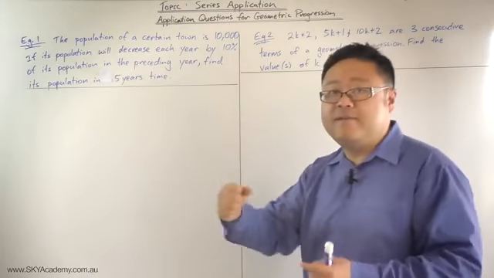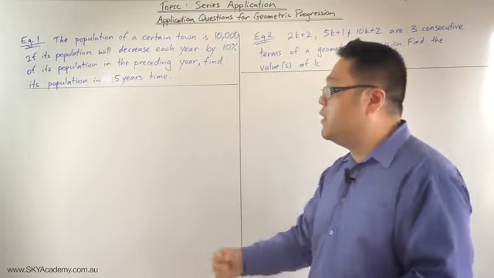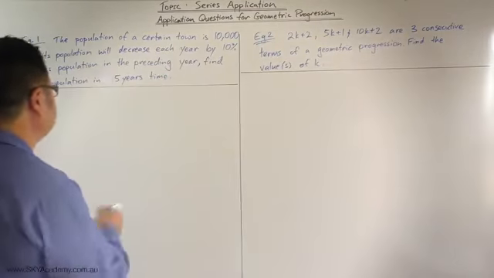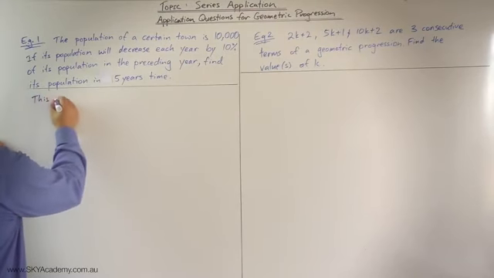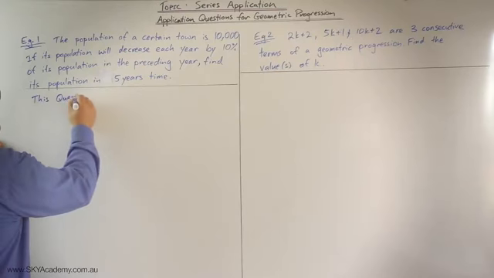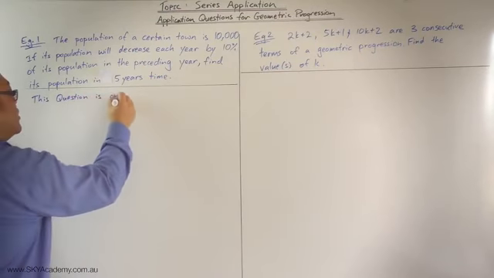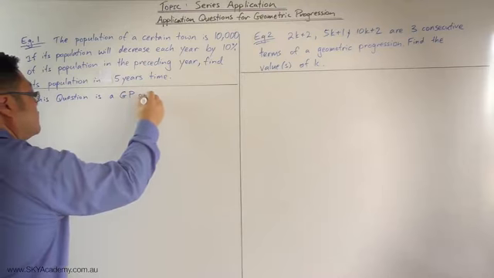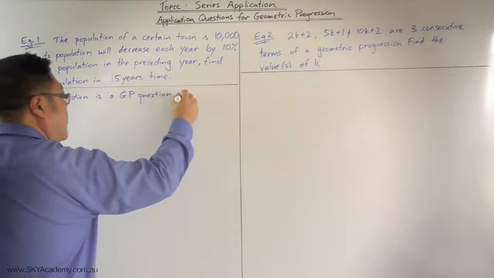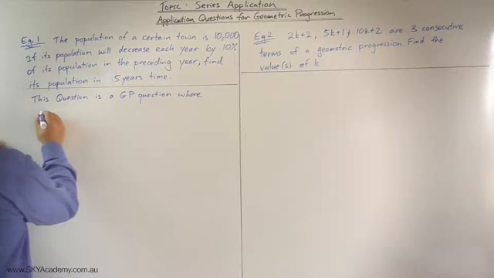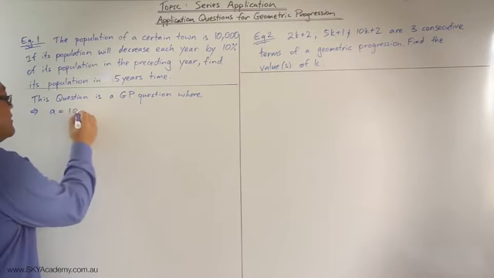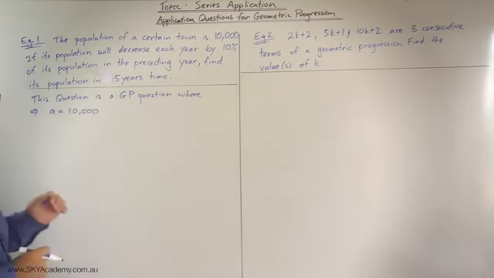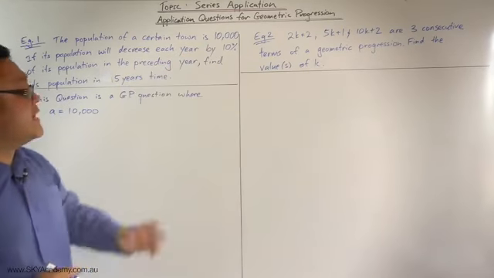This question is a GP question where A, your first term, is going to be 10,000, because you're starting off with 10,000 people.